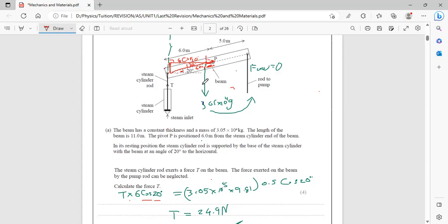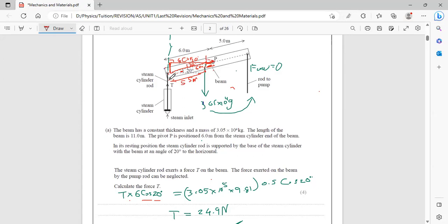This is a uniform beam. Its total length is 11.5. Right? 11.5. So the weight acts exactly at the middle of the beam. So it should be at 5.5 meters from one of the corners, right? And then the distance from P to corner is 6.